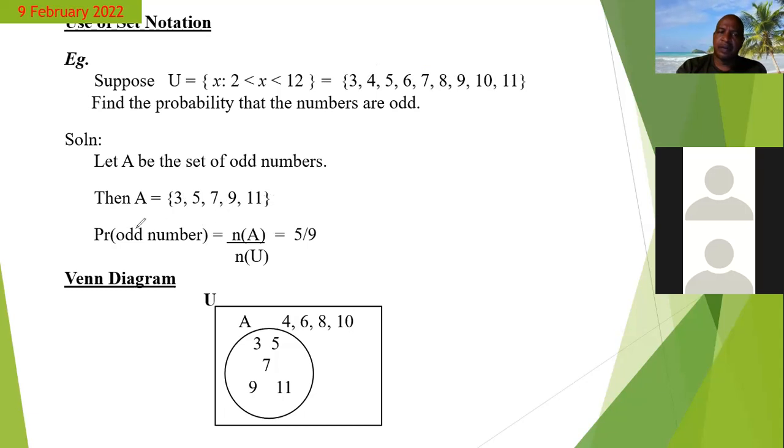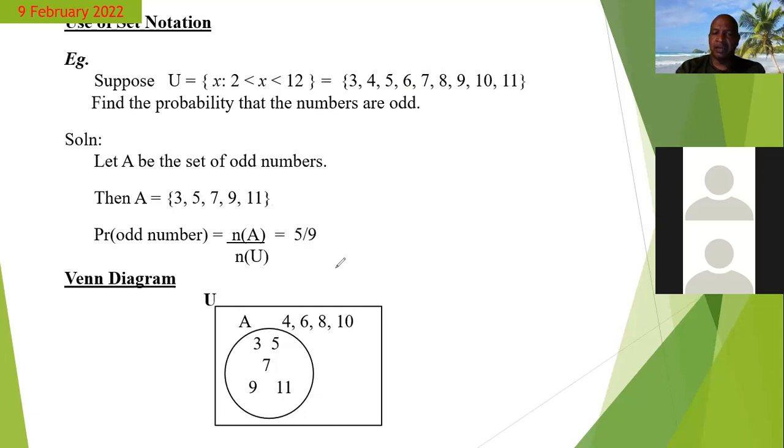Remember, n means the number of elements, so the probability is the number of elements in set A over the number of elements in the universal set. n(A) is 5, and n(U) is 9. So the probability of an odd number from that set is 5 over 9.